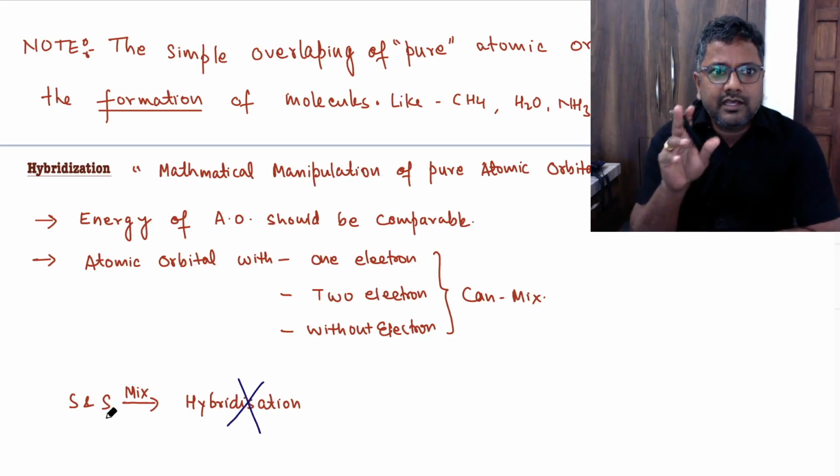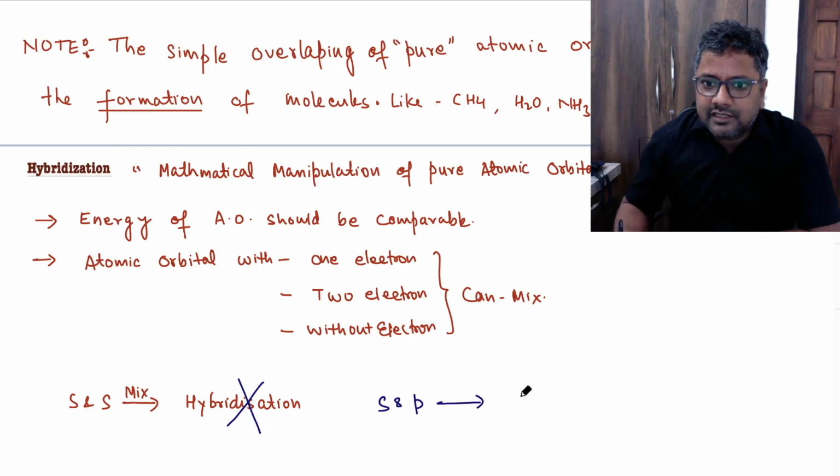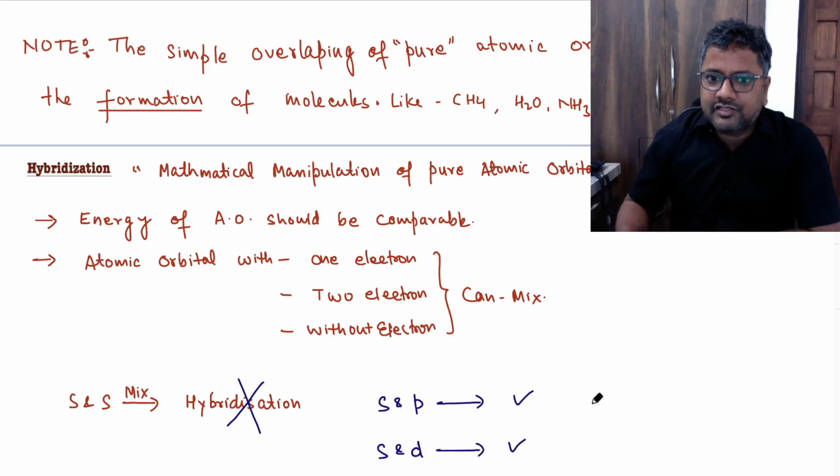Mixing should be of different character. Mixing of S and P could be considered as hybridization. Mixing of S and D could be considered as hybridization.